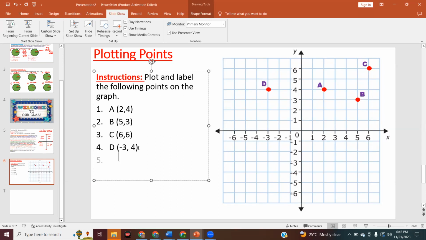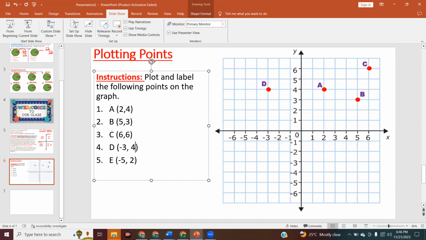Let's do E. Let's say that we start at -5 and we want to do, say, -5, 2. So -5, 2.